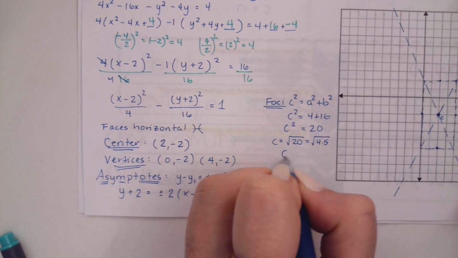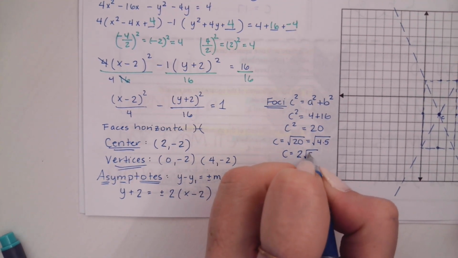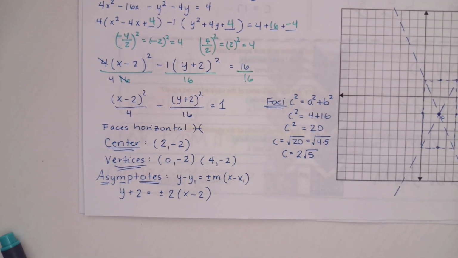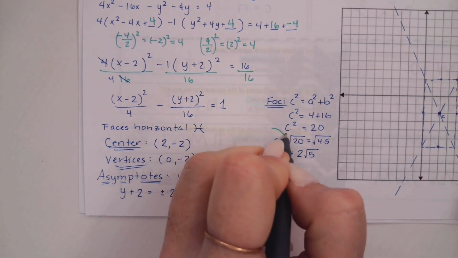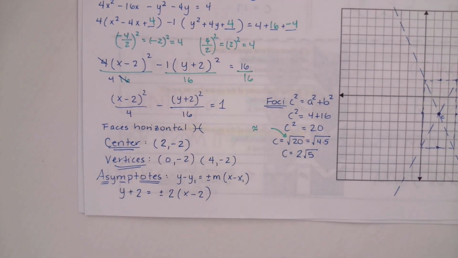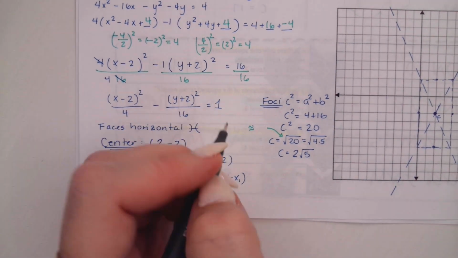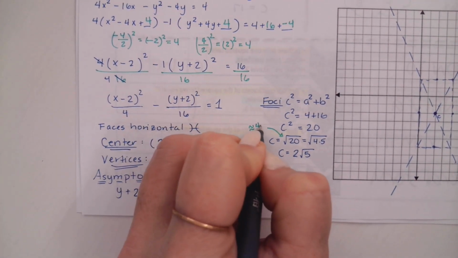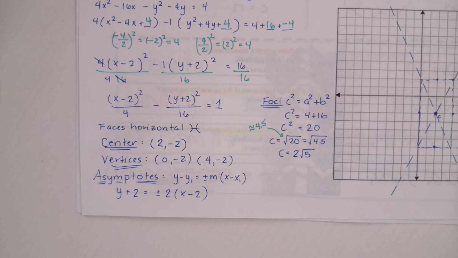Then you take out the 4, and we get 2 square root of 5. But we do need an approximation so that we can graph it. The square root of 16 is 4, so it's going to be about 4.5.